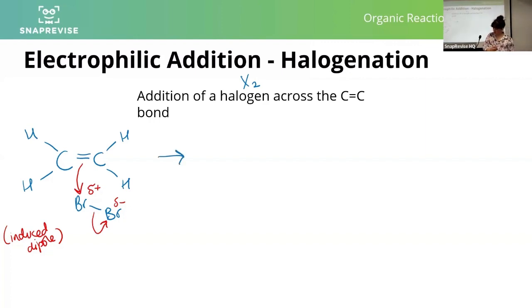That means we're going to end up with our intermediate species. Now, suddenly I've got a carbon with only 3 bonds. If a carbon has only got 3 bonds, it therefore is missing possession of an electron.